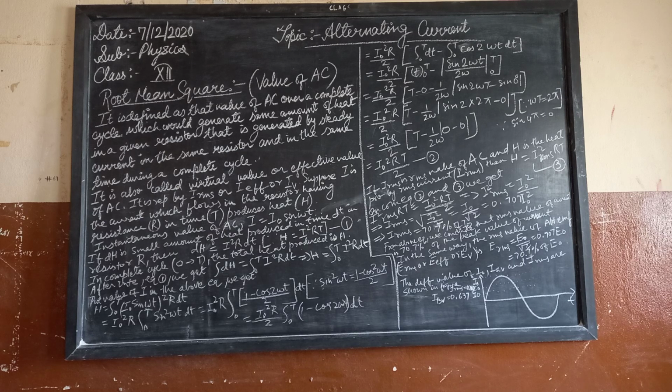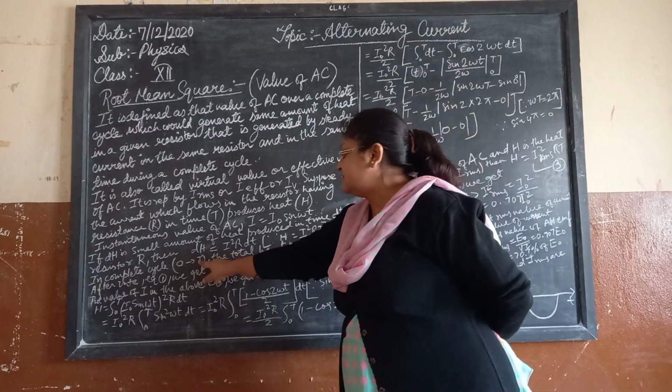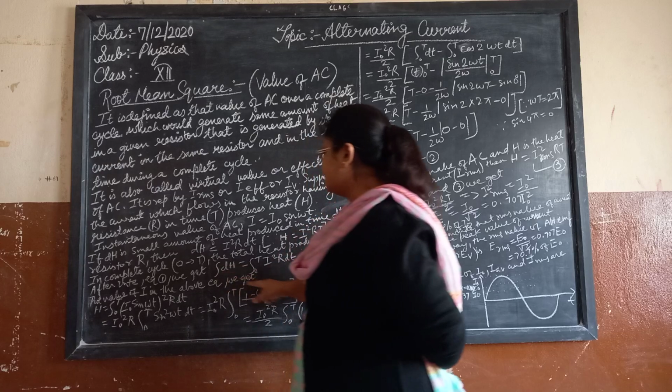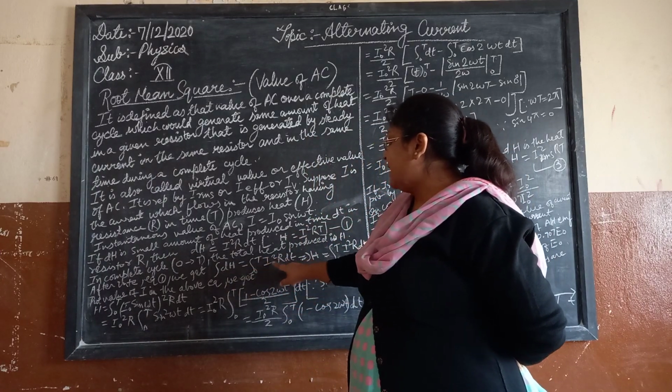In a complete cycle, t from 0 to T, the total heat produced is H. So after this integration, equation number 1, we get the integral of dH equals the integral from 0 to T, because the time period is from 0 to T, of I square R dt.